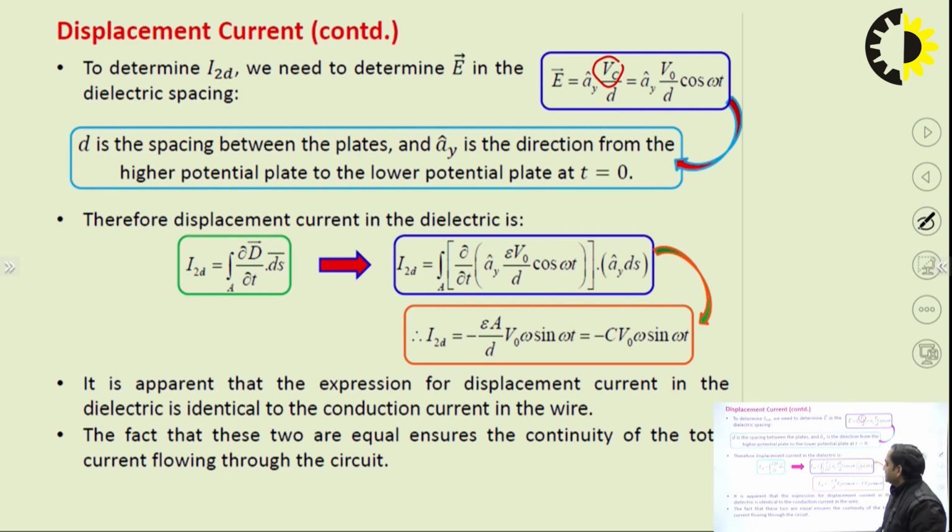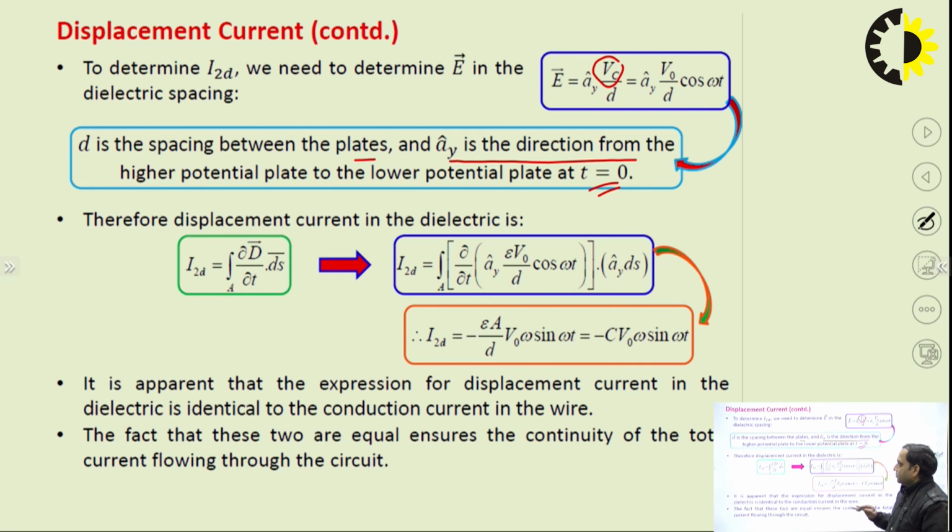In this case, we can calculate the ID. This was the slide in which we see that VC is equal to V0 cos omega t. Here d is the spacing between the plates, and ay is the direction from the higher potential plate to the lower potential plate at t equal to 0. This is the initial stage.